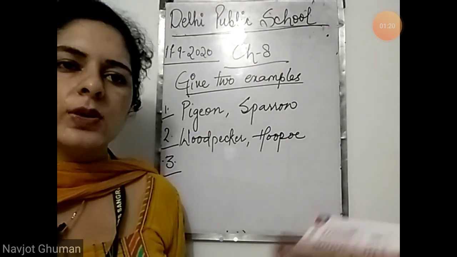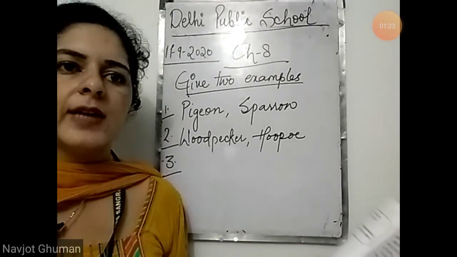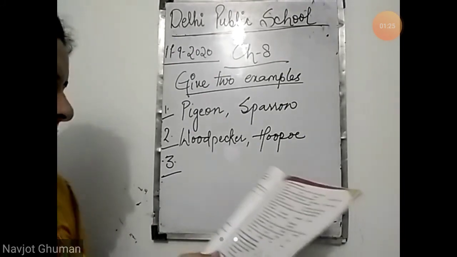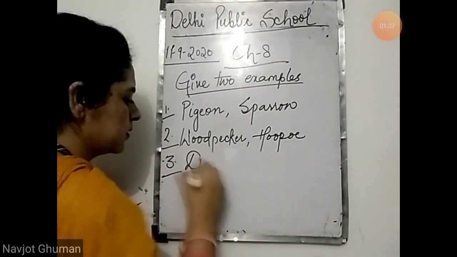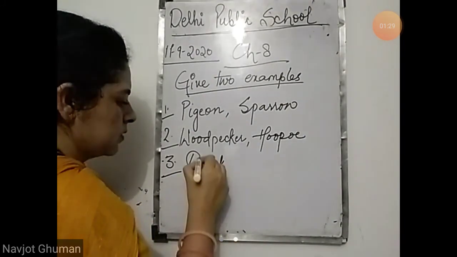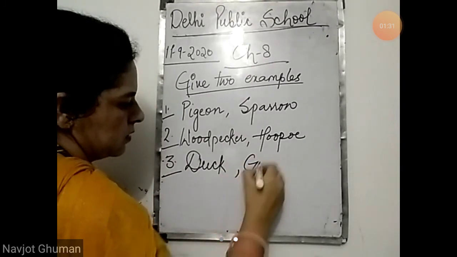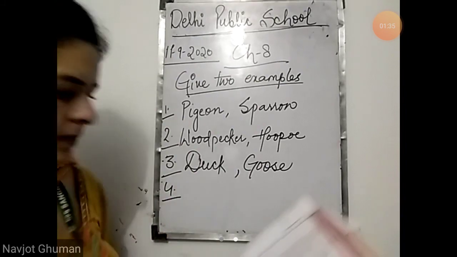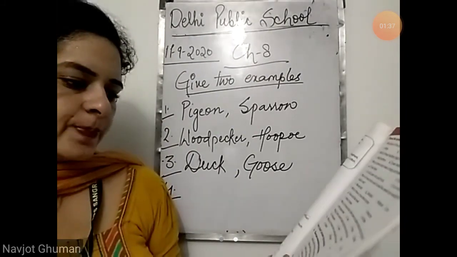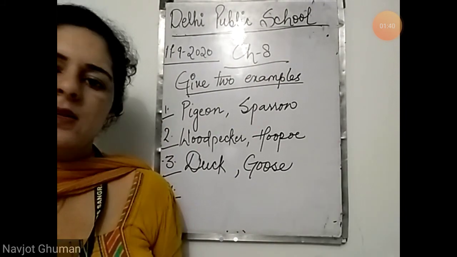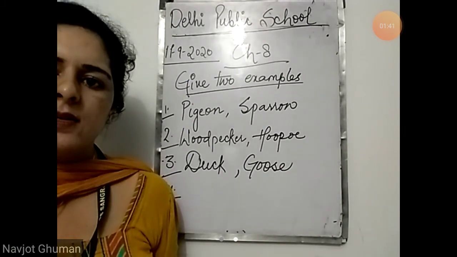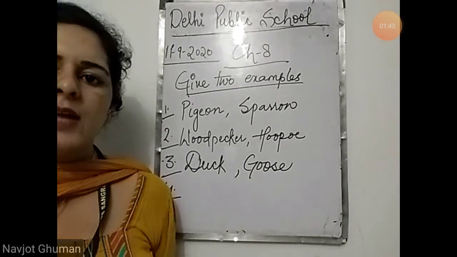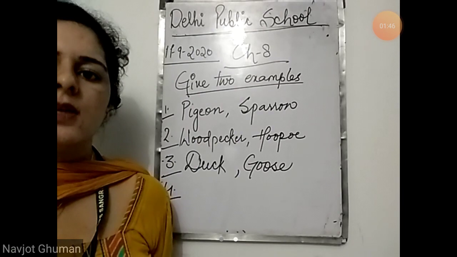We know only those birds have webbed feet that swim in water, that are duck and goose. Next, birds with talons. Those birds have talons, sharp claws that tear the flesh, that is eagle, vulture.